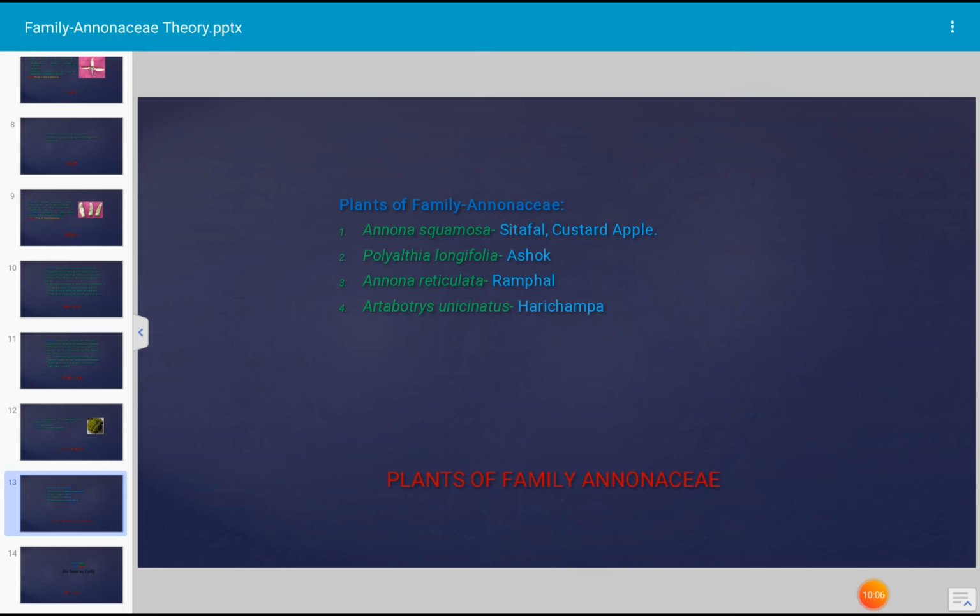And one more plant is Ramphal, and its botanical name is Annona reticulata. One more plant, Harichampa in Marathi, and its botanical name is Artabotrys uncinatus. These are 4 plants shown here. There are many plants of this family, but only 4 written here. Okay, next.